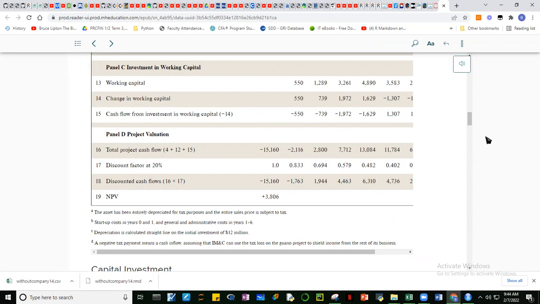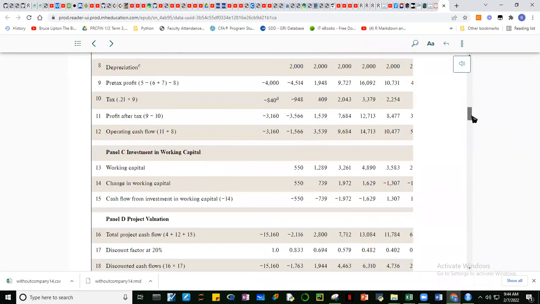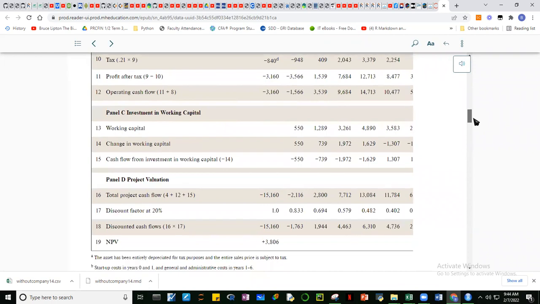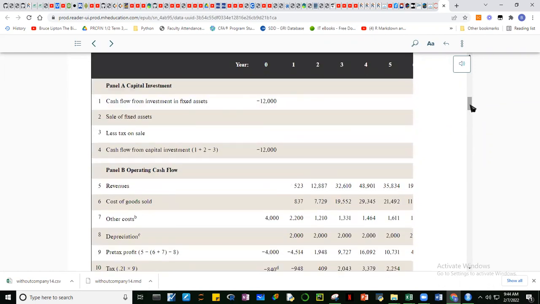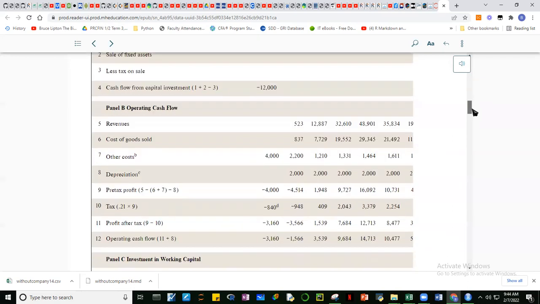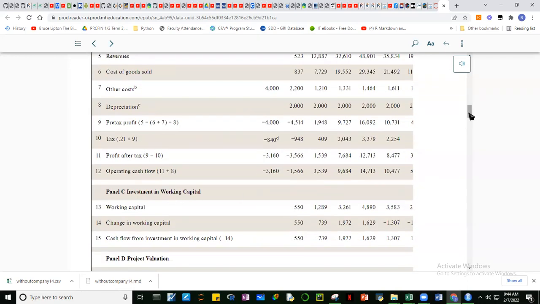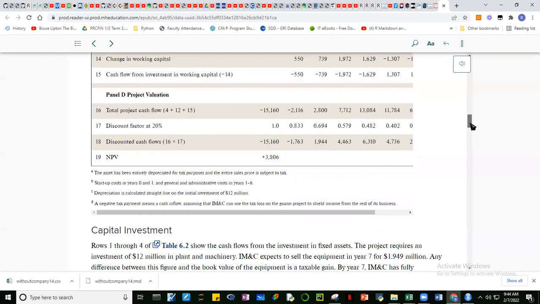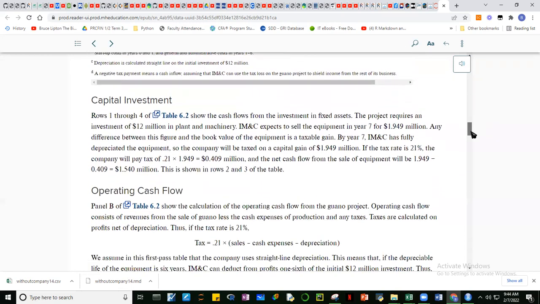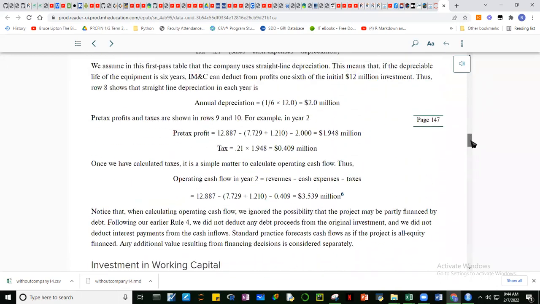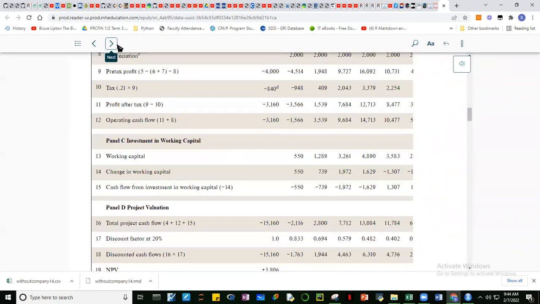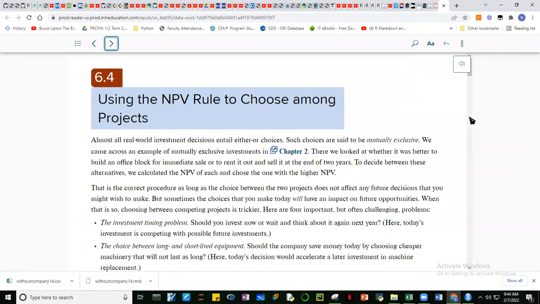So that in a nutshell, guys, is how we evaluate projects, how we come up with the project cash flows. So 3 steps: capital investment, operating cash flows, and the investment in working capital. Those are the 3 basic components of your cash flows. And then after all of these are summed up, you're able to determine if a project is feasible or not.